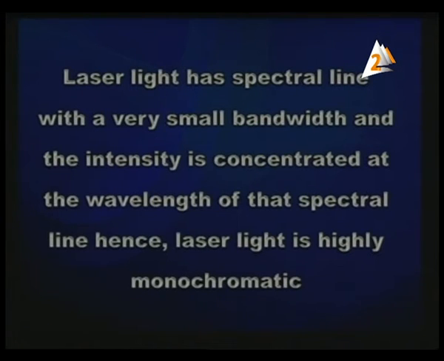Laser light has a spectral line with a very small bandwidth, and the intensity is concentrated at the wavelength of that spectral line. Hence, laser light is highly monochromatic, meaning of just one wavelength.